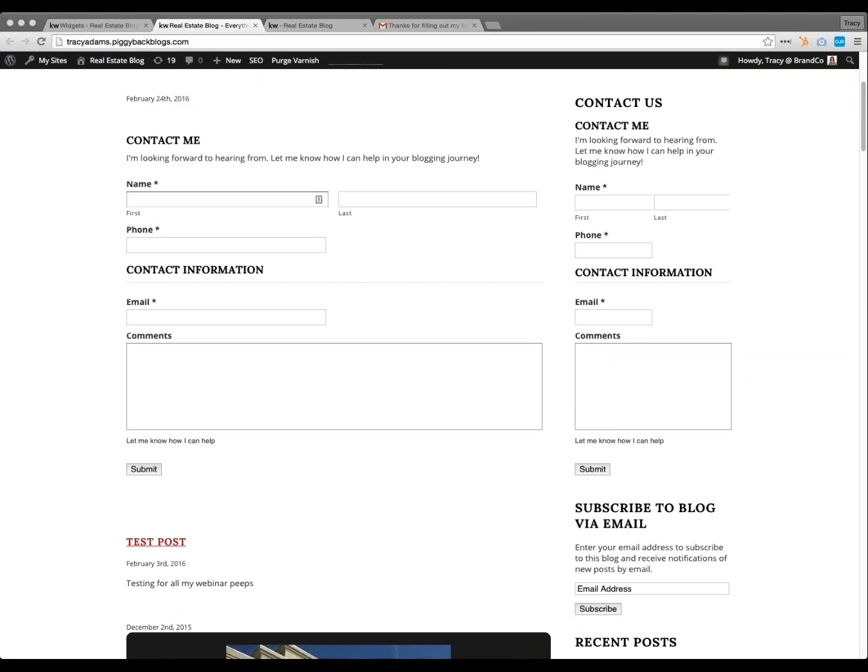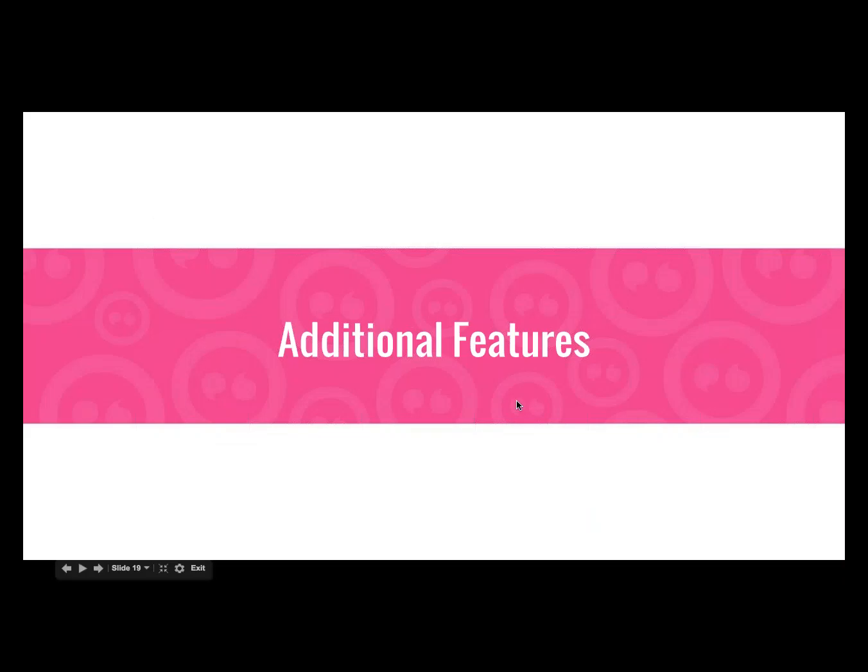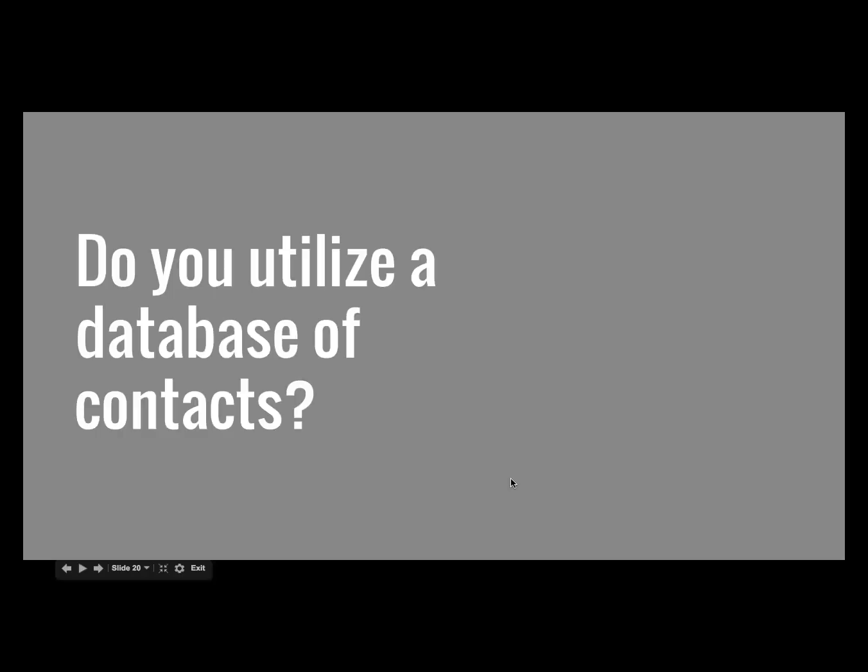All right, and the last thing I have to go over with the WordPress plugin called Gravity Forms is the additional features in it. And the big thing with it is entries. So I have to ask a question. Do you utilize a database of contacts for something?